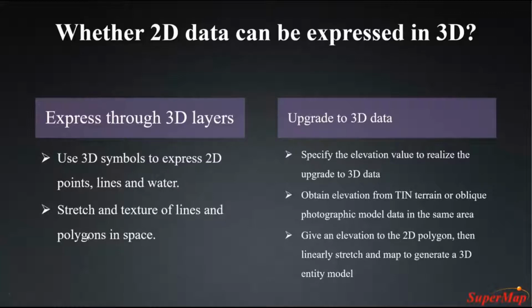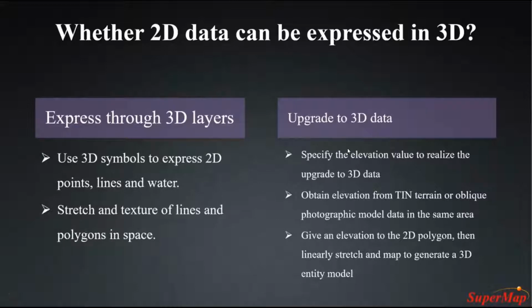So we can dynamically stretch the 2D data and set the texture of the line and polygon. That is the case when we do not change the data and directly add the 2D data to the 3D scene.